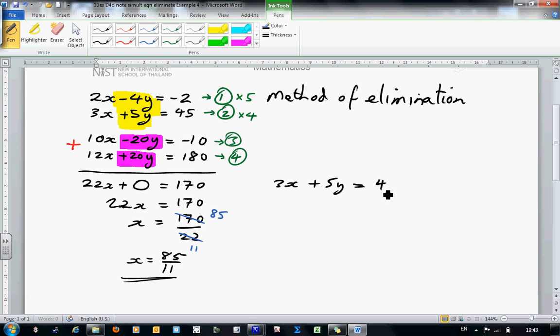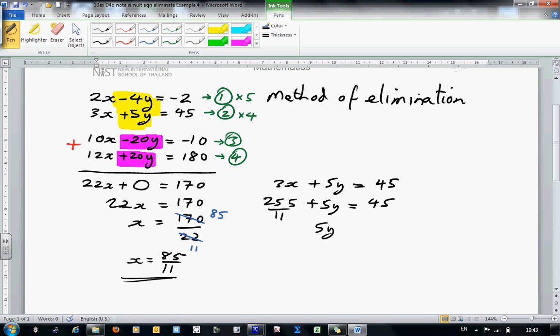Well, 3 5s are 15, 3 8s are 24, 1 is 25, so 255 over 11. So 5y, I think this is completely wrong, but let's have a look anyway. 5y equals 45 minus 255 over 11.